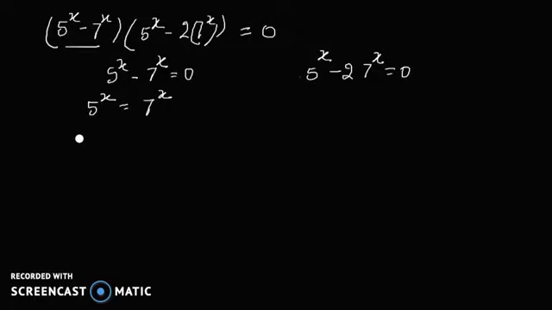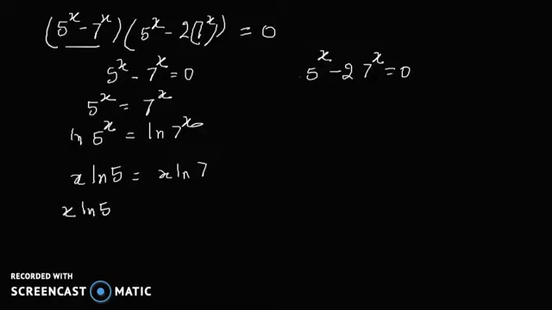Taking ln both sides, we can write ln 5 raised to power x equal to ln 7 raised to power x, or we can bring x in the front, so x ln 5 equal to x ln 7, and then we can further write it as x ln 5 minus x ln 7 equal to 0, and that gives us x times (ln 5 minus ln 7) equal to 0.